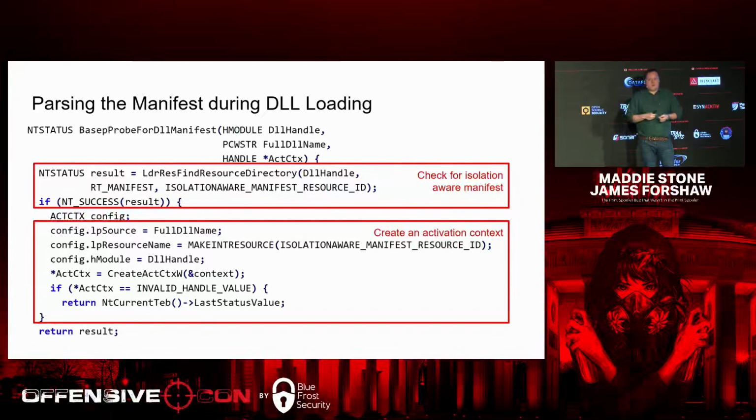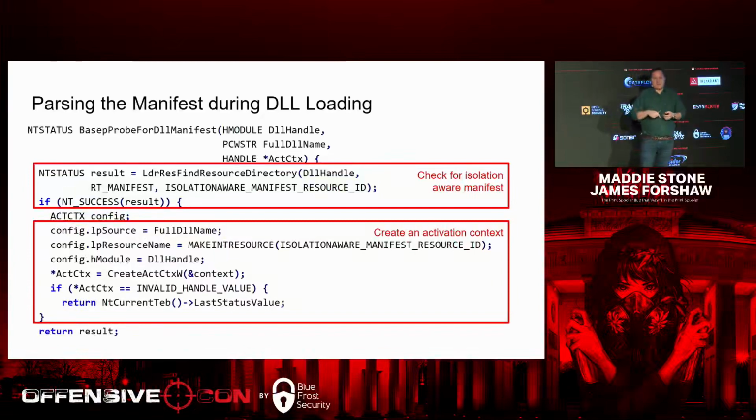But what is probably more likely to be happening is that when you load a DLL, that DLL might have its own manifest associated with it. One thing you can do is embed that manifest file, that XML file, inside the DLL itself using a special resource ID.